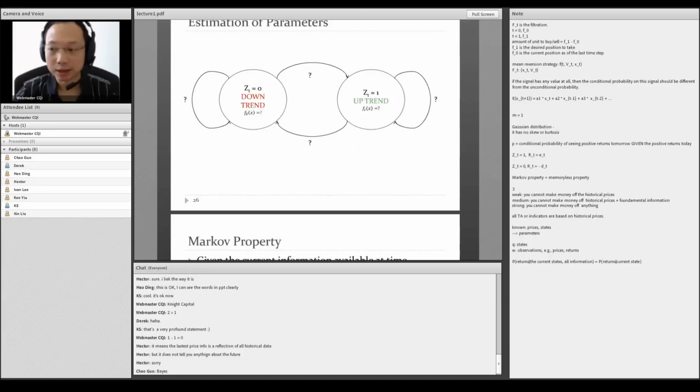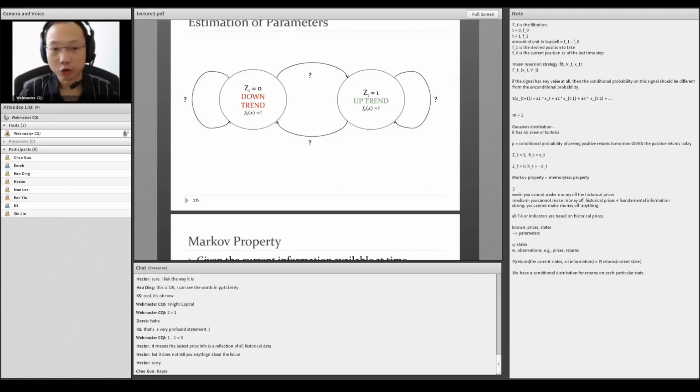That's basically saying we have a conditional distribution for returns for each particular state. Or put it differently, different states have a different conditional distribution.